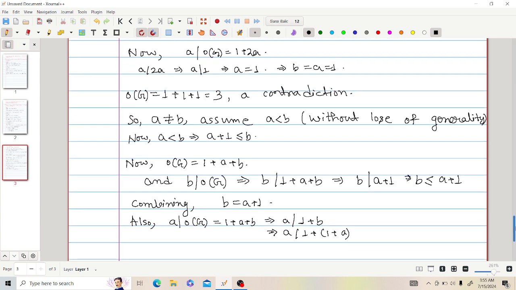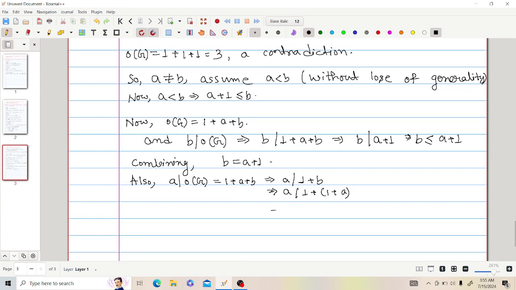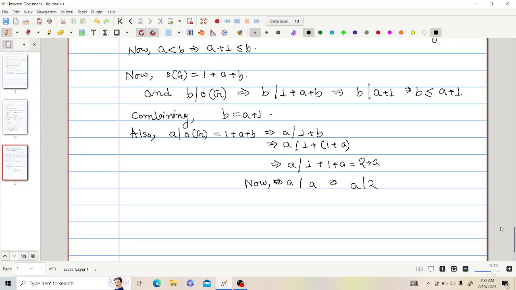So this calculation is quite laborious, but it is easy. 1 plus B is equal to 2 plus A. Now A divides A, and A divides 2 plus A, this implies A divides 2. Therefore A is equal to 1 or 2.